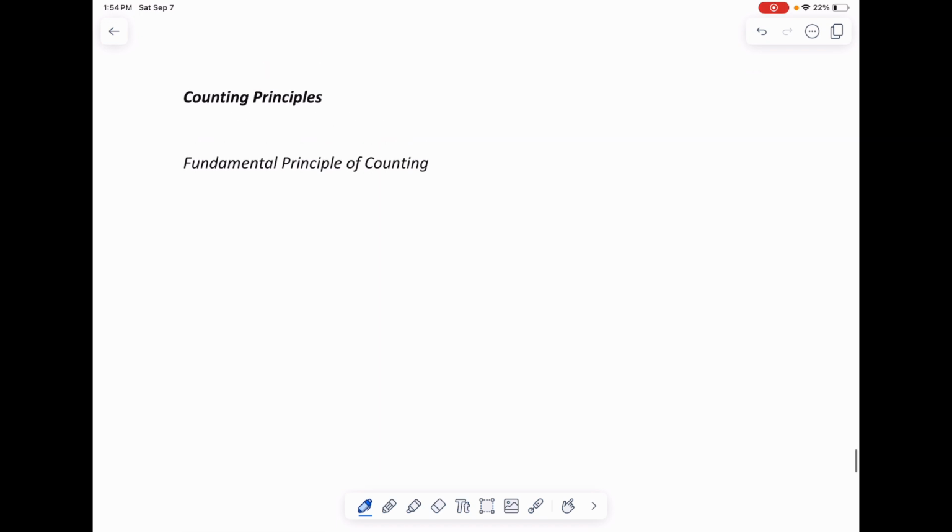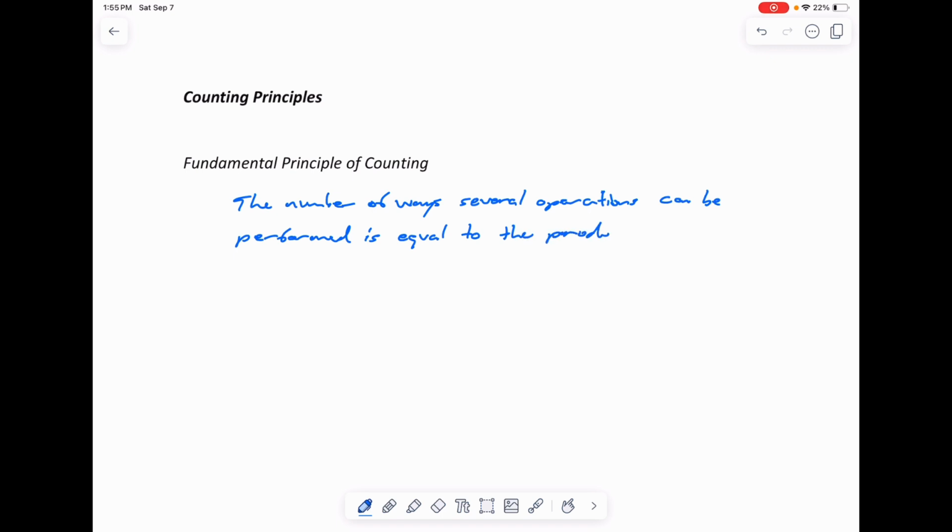So the fundamental principle of counting just simply says that the number of ways several operations can be performed is equal to the product of the number of ways each operation can be performed.